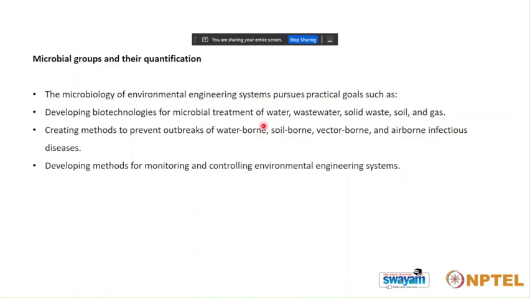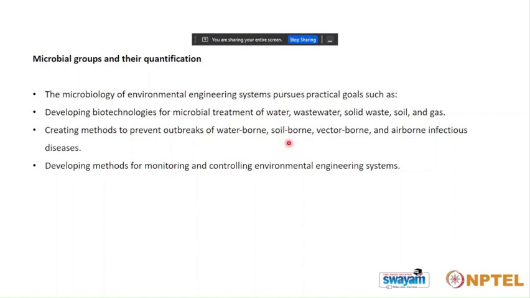So how can we quantify microorganisms? Why do we need to study microbial groups and quantify them? In order to develop technologies for the treatment of water, wastewater or solid waste, that is the major application as we already discussed.